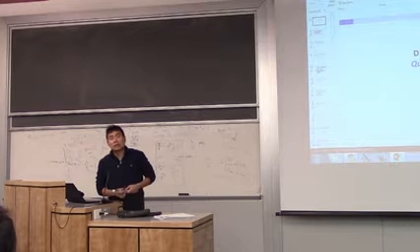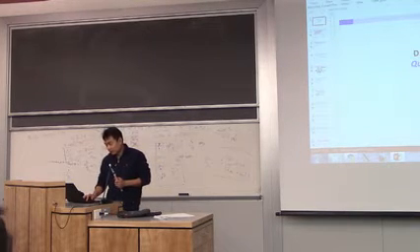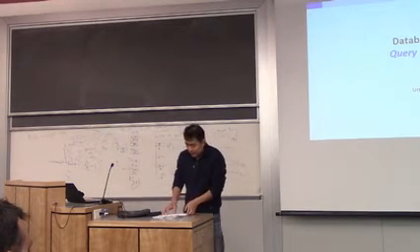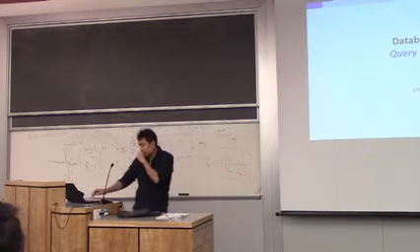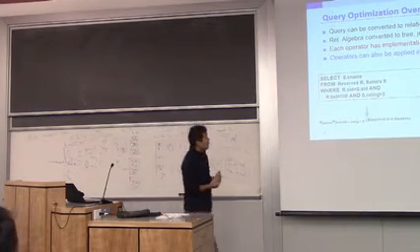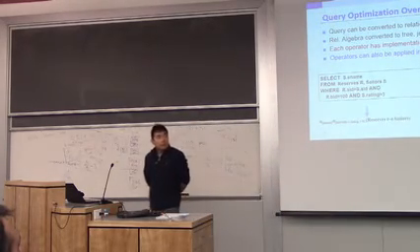Okay, all right. Now let's talk about query optimizers. Query optimization. So I'm going to motivate this using a simple example. Sailors and Reserves, we talked about this many times.